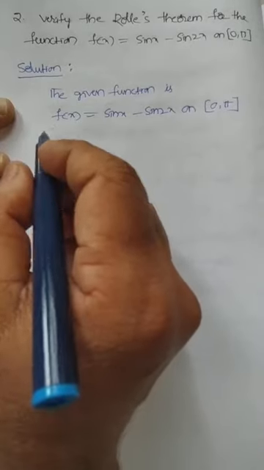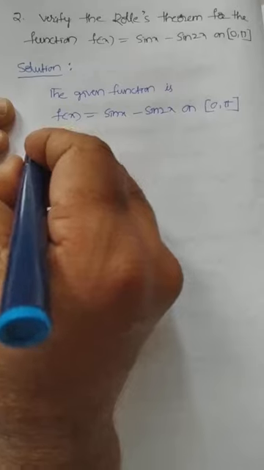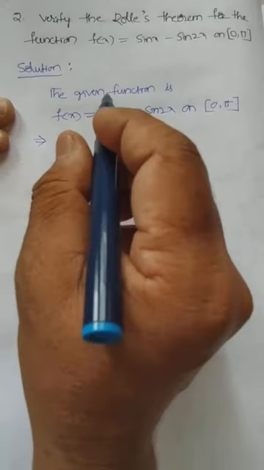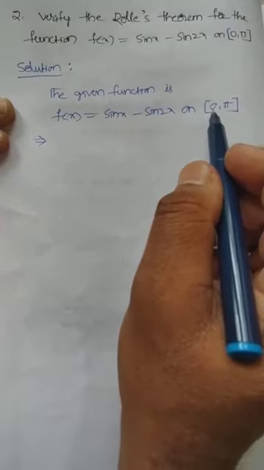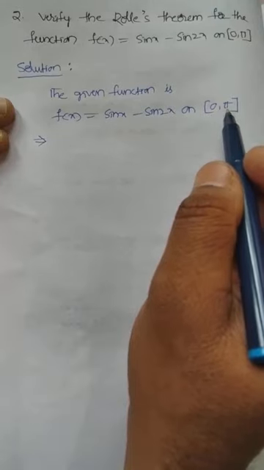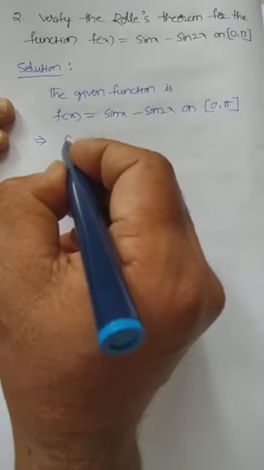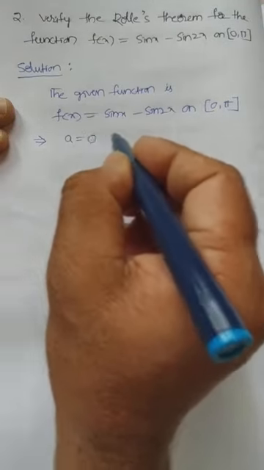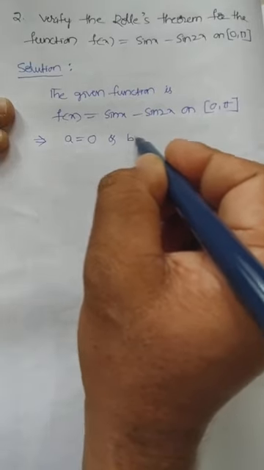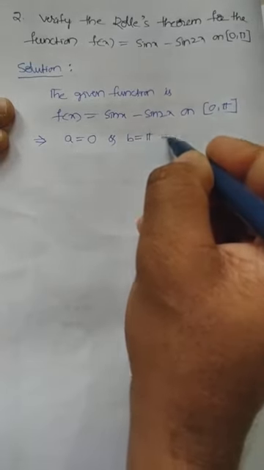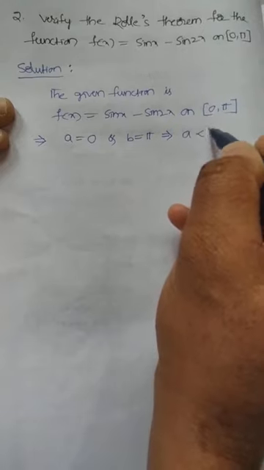Now that implies what is our small a value? 0. What is our small b value? Pi. That implies a is less than b.